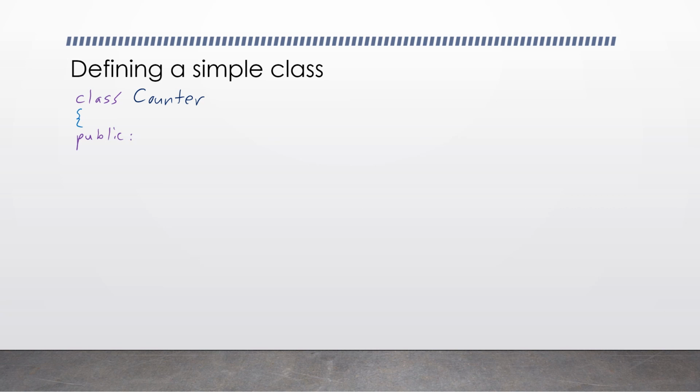In C++, you define a public block and then a private block. So general rule of thumb in object-oriented programming is to make your functions public, your methods public, and your data private.